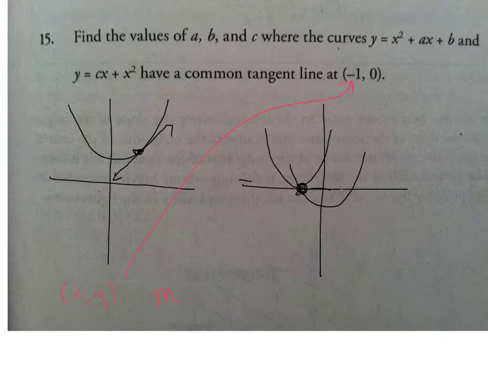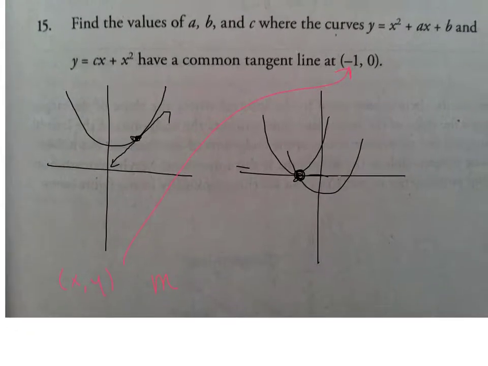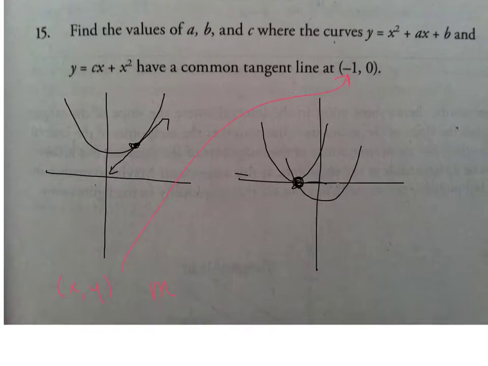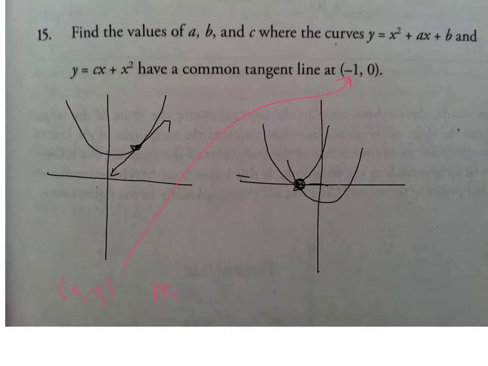I'm going to take the functions they gave me, y equals x squared plus ax plus b, and plug in negative 1 for x and 0 for y, and see what we're left with.